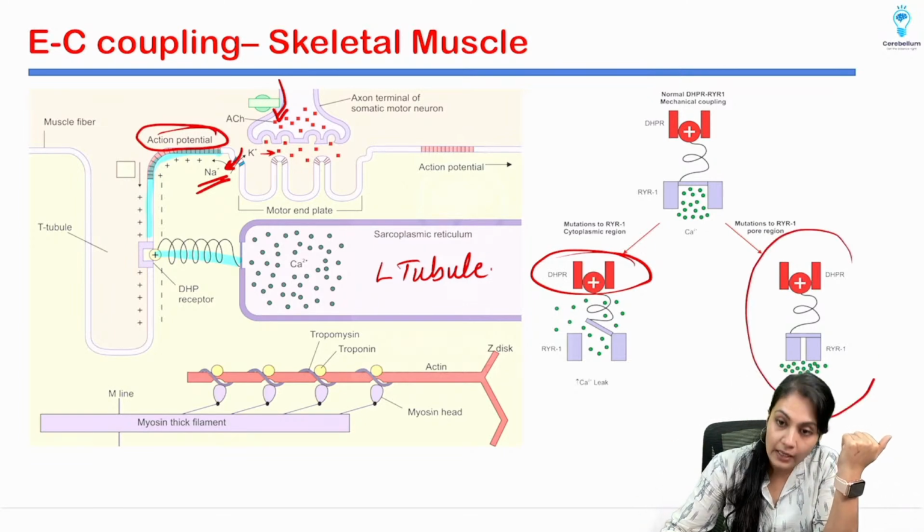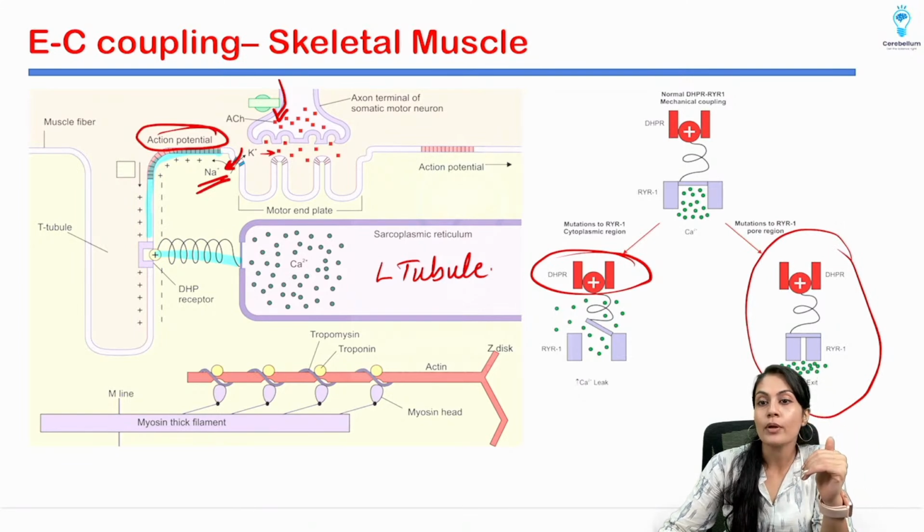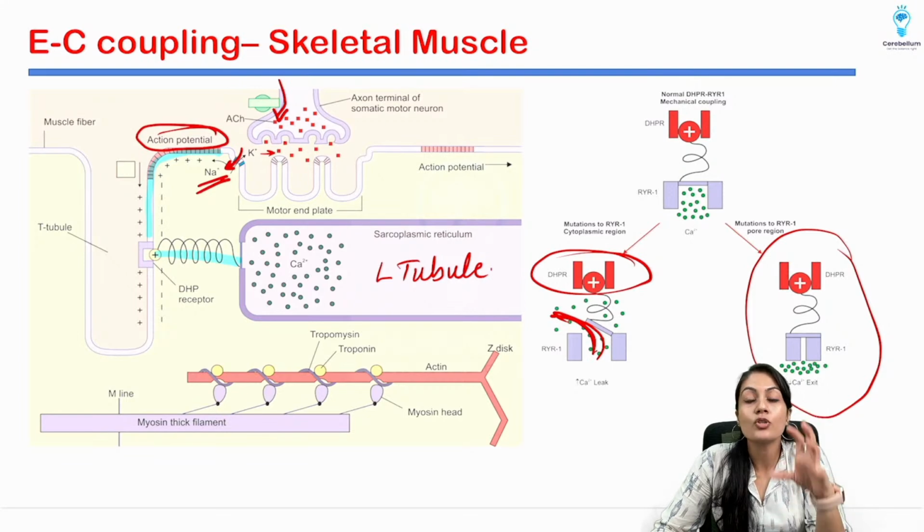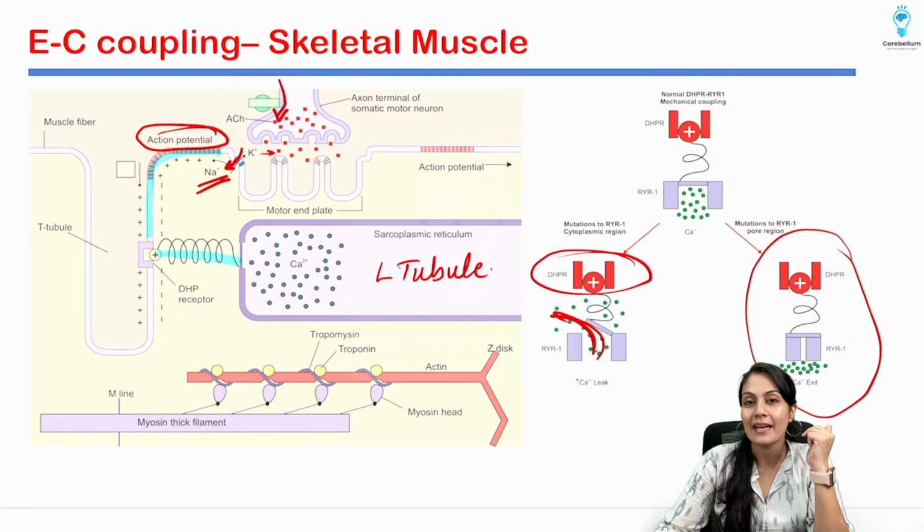So this is the resting condition in which you can see that the RYR was closed. But as soon as it gets stimulated, what is going to happen? These calcium channels will open, and now the sarcoplasmic reticulum, which is the storehouse of calcium, is going to start releasing the calcium.